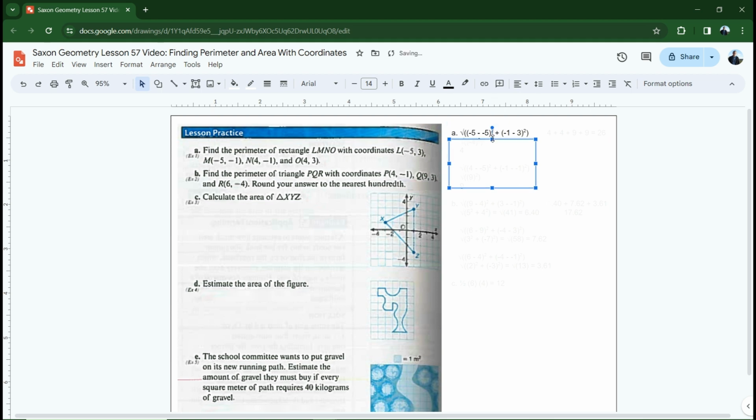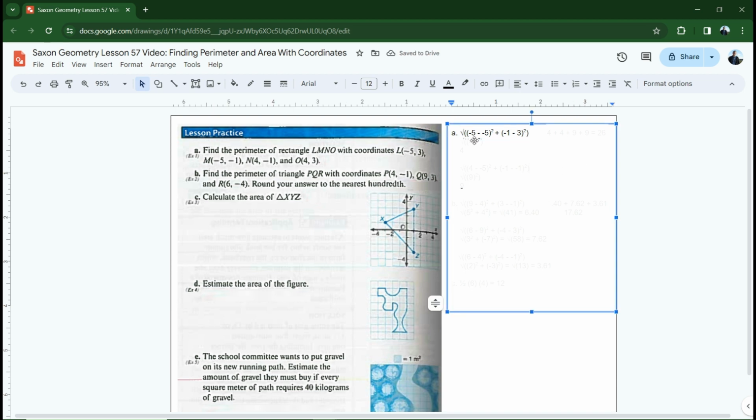Because we have points that line up, this is going to be really easy to use the distance formula anyway. So I'm going to do x2 minus x1. Well, negative 5 minus negative 5 is just 0. So this is actually going to cancel out. Plus, I have to square that, and then plus y2 minus y1. Negative 1 minus 3, which is going to be negative 4 squared.